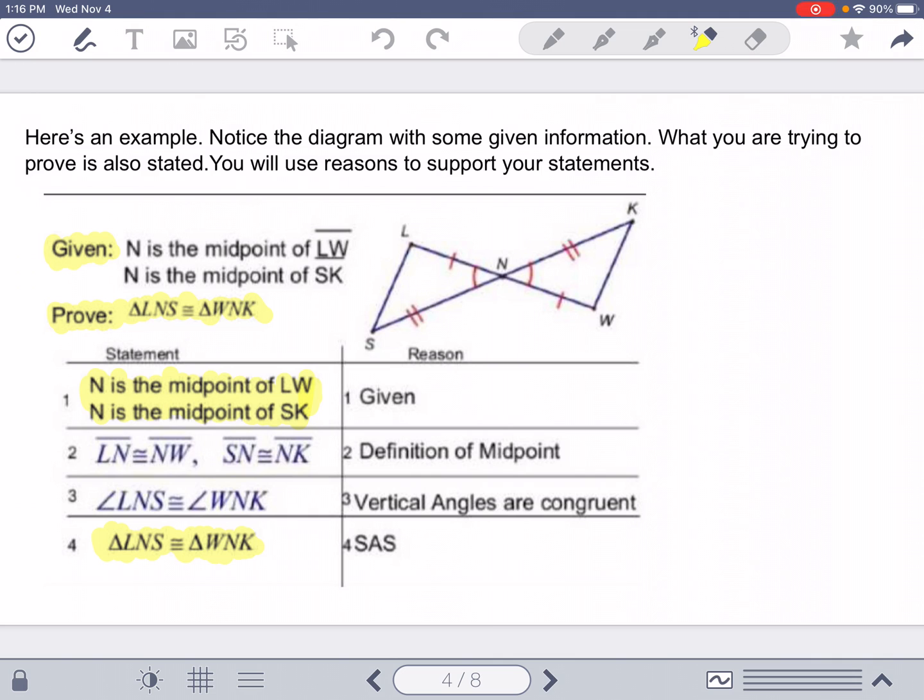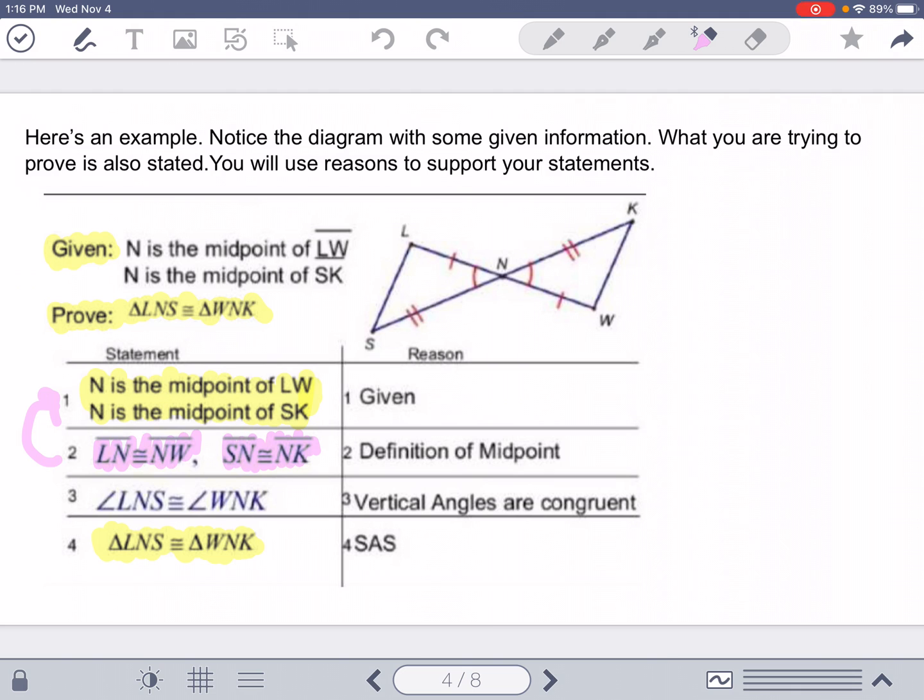An endpoint divides something into 2 equal parts. If you notice, LN is congruent to NW, SN is congruent to NK. Those things come from our previous statements. So our statements and our reasons kind of go together.